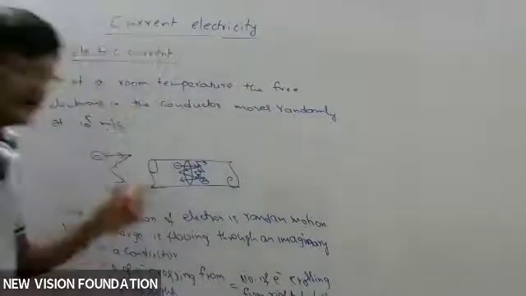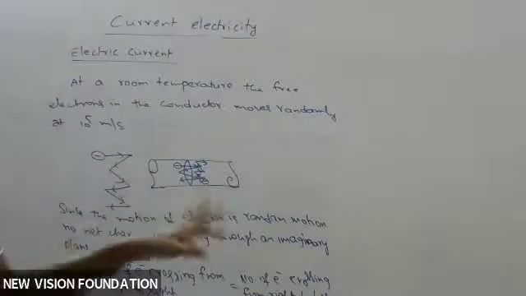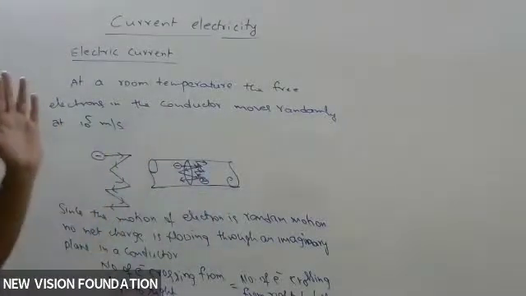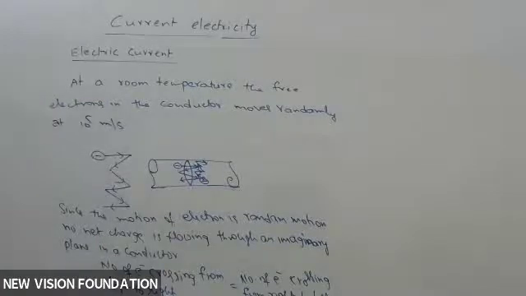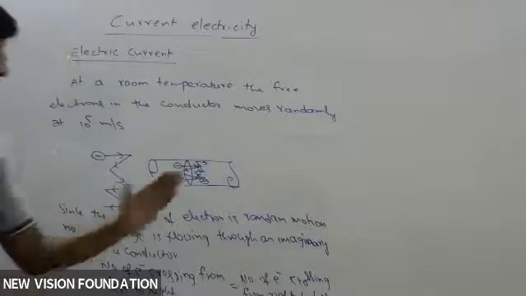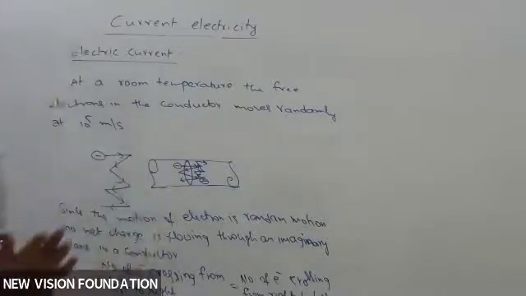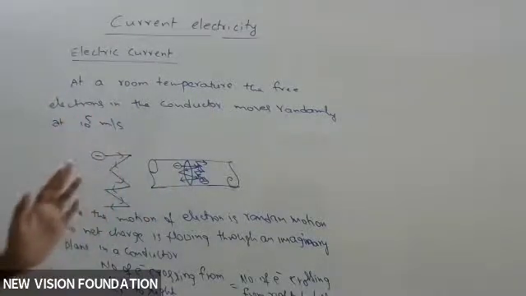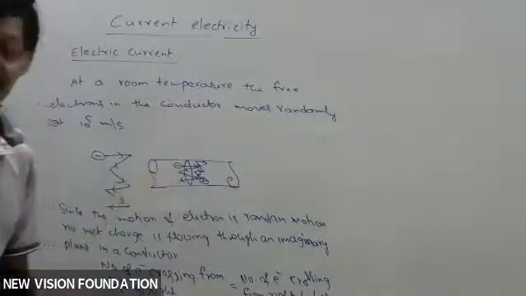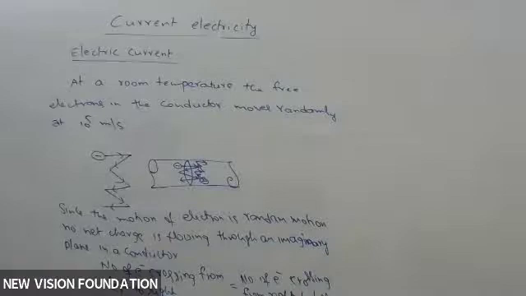For example, 5 electrons are able to cross this imaginary plane in the conductor from left to right, and at the same time, the same number of electrons are also crossing the same imaginary plane from right to left. So there is no net charge flowing through this imaginary plane in this conductor when the conductor is at its room temperature.